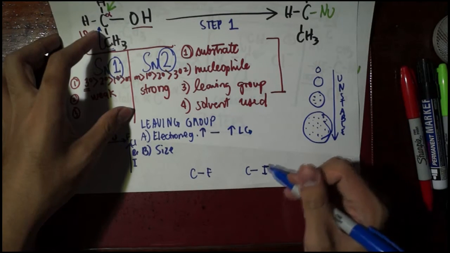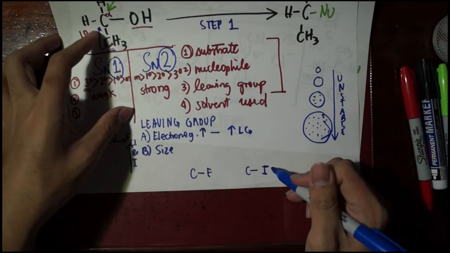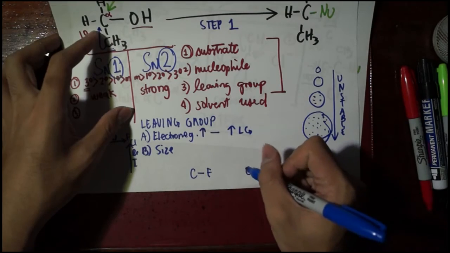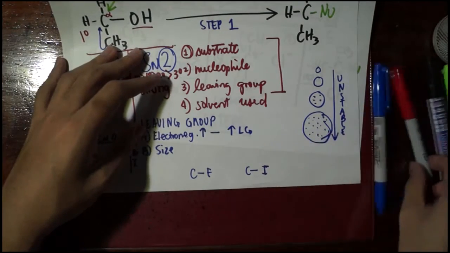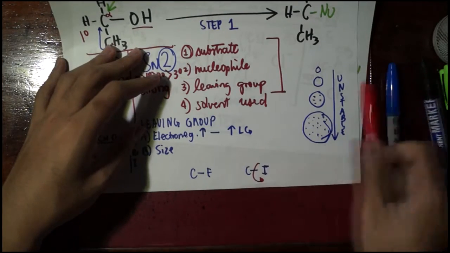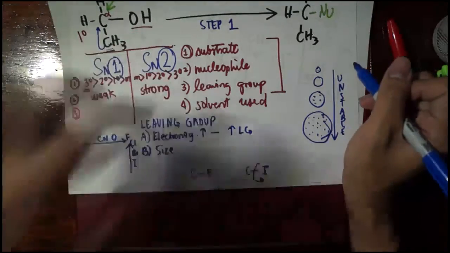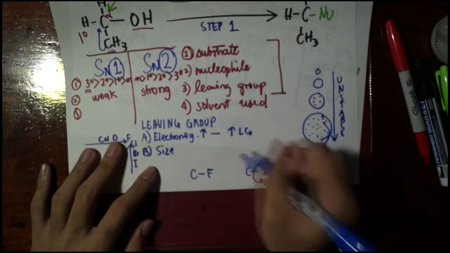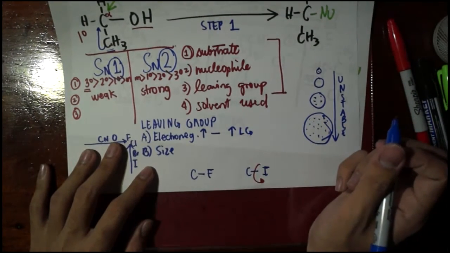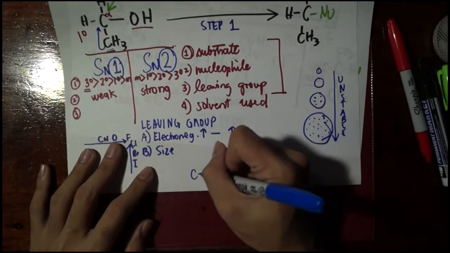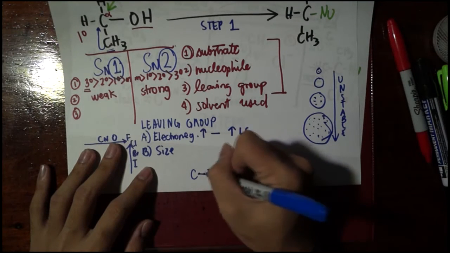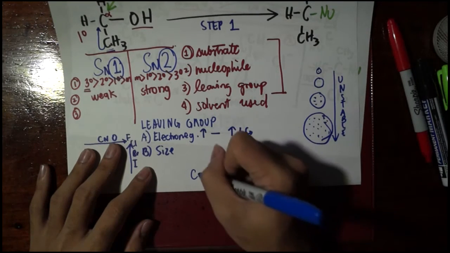The iodine would be like, hey, I'm so unstable, I have so many electrons, I cannot keep up with you, carbon. Maybe it's better if I just leave. Unlike fluorine, it has just a few electrons, and it would be so greedy with the electrons. It would be like, hey, carbon, I have only a few electrons myself.